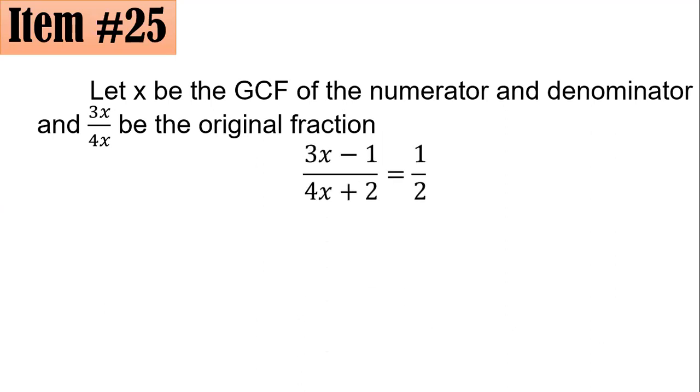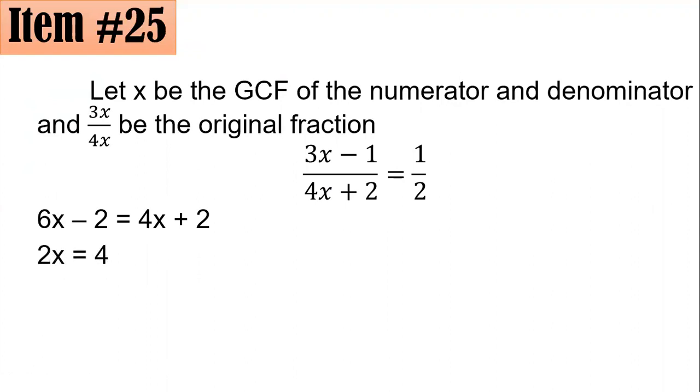So subtracting 1 from the numerator and adding 2 to the denominator, we have 3x minus 1 all over 4x plus 2 equals 1/2. By employing the multiplication property of equality, or cross multiplication, the product of 3x minus 1 and 2, which is 6x minus 2, is equal to the product of 4x plus 2 and 1, which is 4x plus 2.